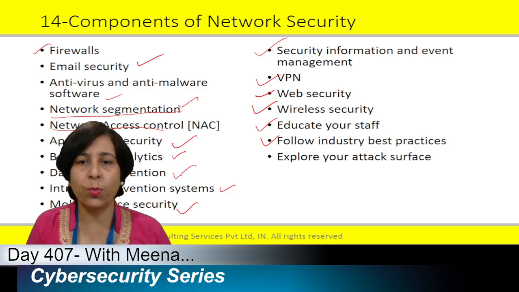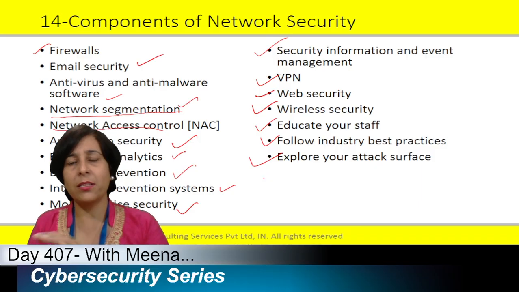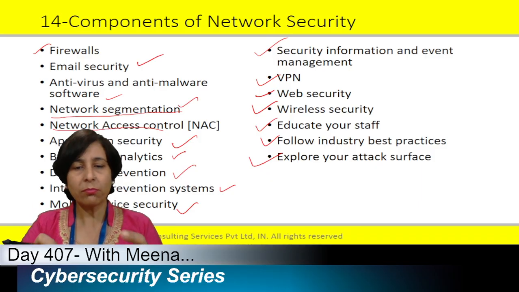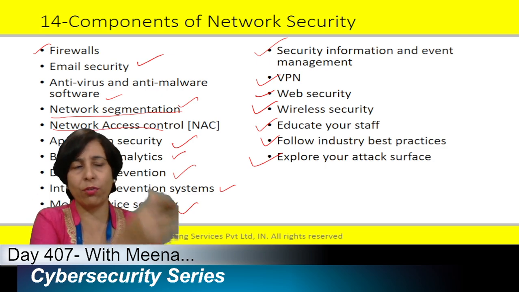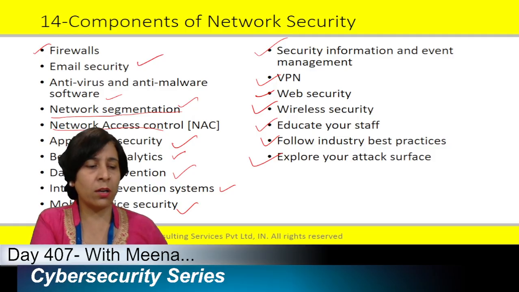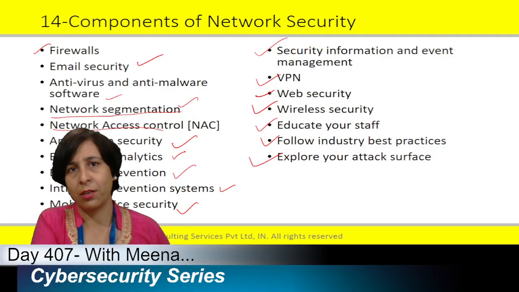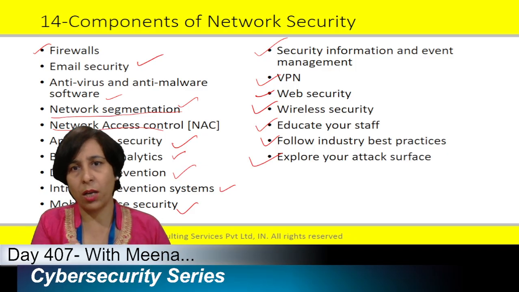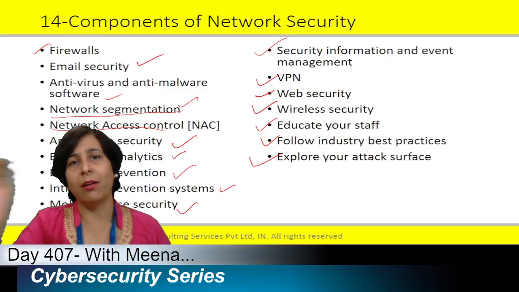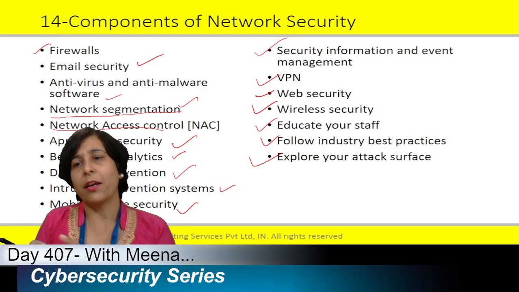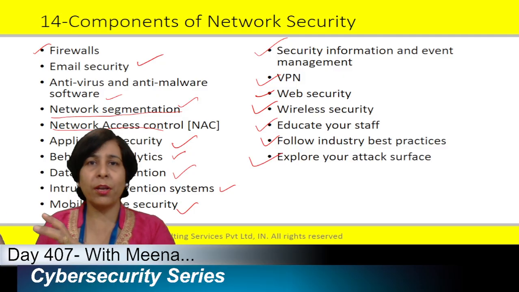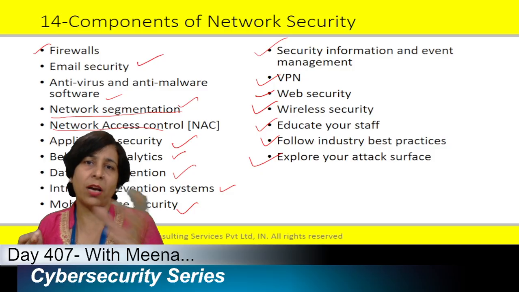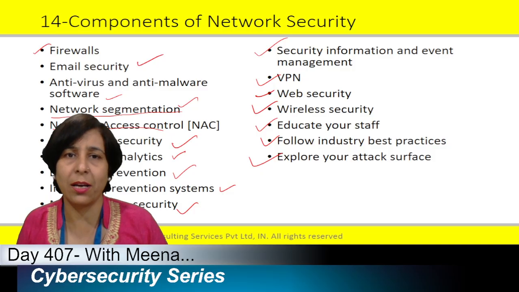Okay, and explore the attack surface. Nowadays a company's network is not bound to just one physical location. We can say the boundary is blurred. We are allowing bring your own devices, and any employee can use their device to access our network.